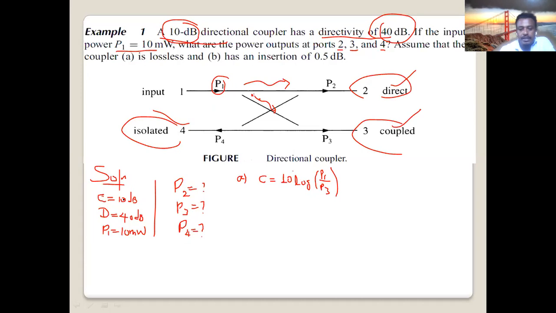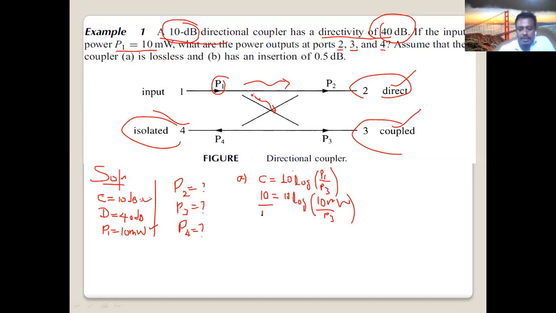C is given here as 10 dB, so this is a 10 dB coupler. So it will be 10 log of the input power we apply, P1 is 10 milliwatt. We don't know P3. We have to calculate P3, how much power is sampled in the correct direction.